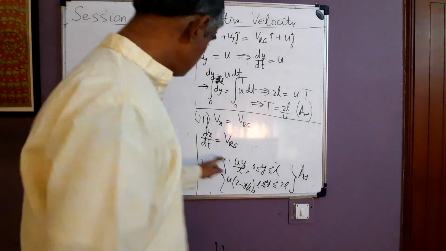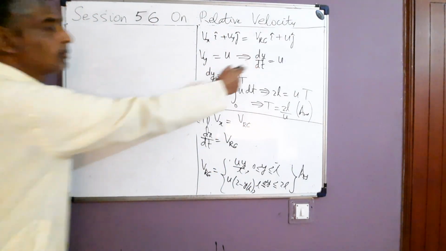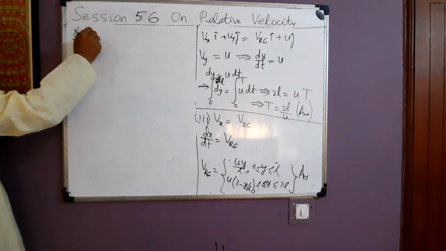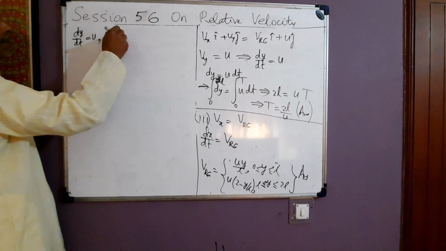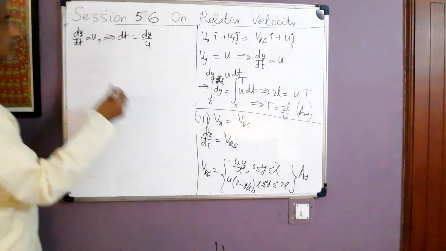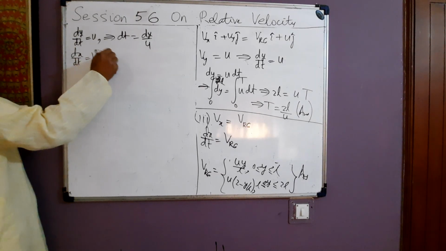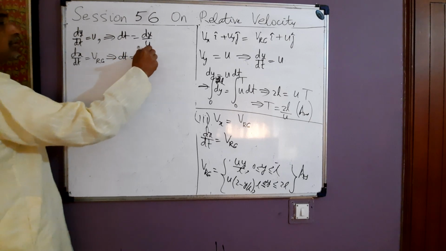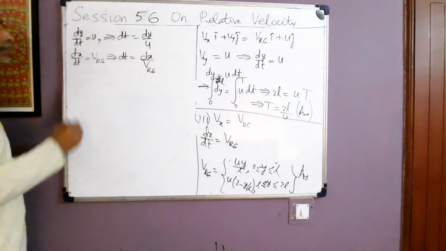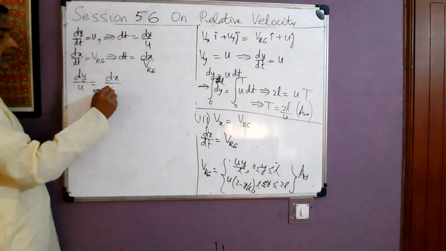Now Vx is VRG, and the first equation we have already obtained. This is common for both halves. dy by dt is equal to u, meaning dt is equal to dy by u. And from this equation, dx by dt is equal to VRG, meaning dt is equal to dx by VRG. These two dt's are the same, so these two should also be the same. dy by u equals dx by VRG.